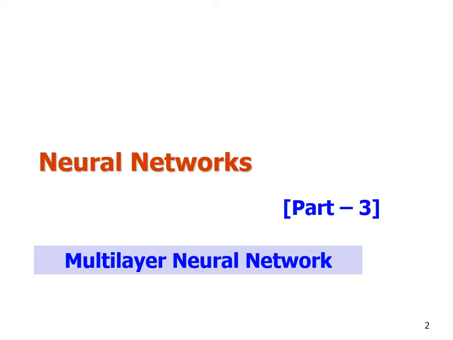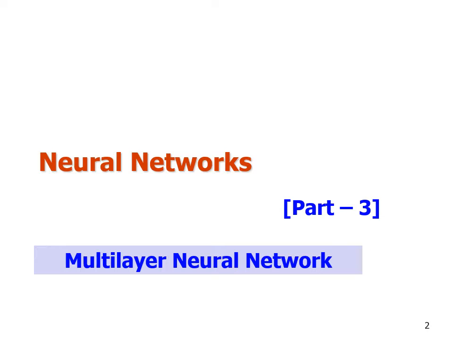Welcome back. Today we are going to talk about multi-layer neural networks. We have already looked at individual neural units and we have discussed how they can represent linear functions, but actually we are more interested in exploring neural networks to represent non-linear functions, and we can represent such non-linear functions by stacking the layers of perceptrons into various different kinds of architectures.